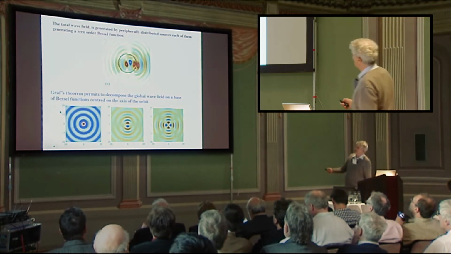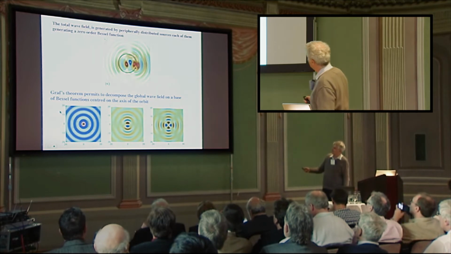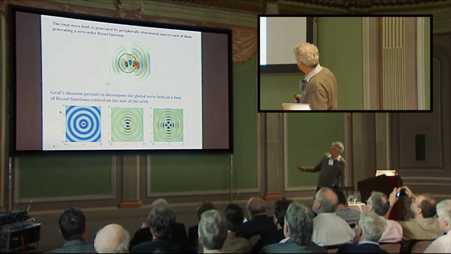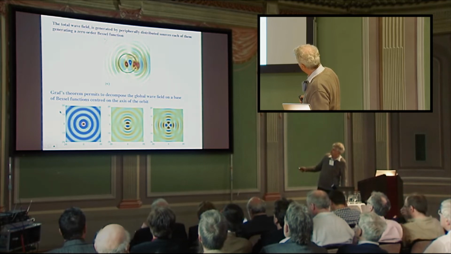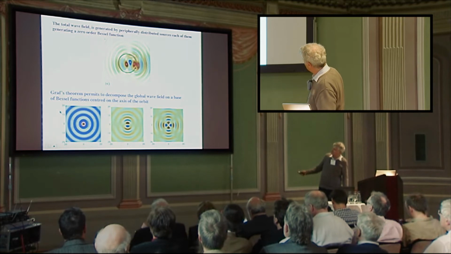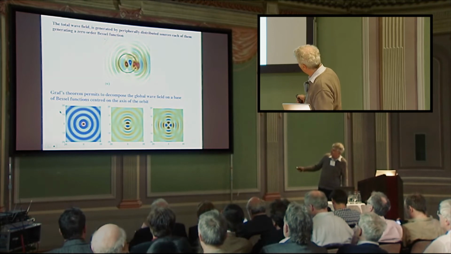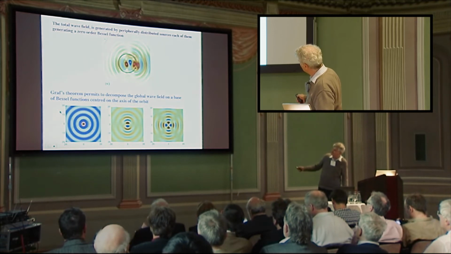So these are computed wave fields with high memory. Here it is computed with taking sources that are aligned on the trajectory. But you would like to express this field as a function of the eigenmodes of waves that are centered at the center of the orbit.